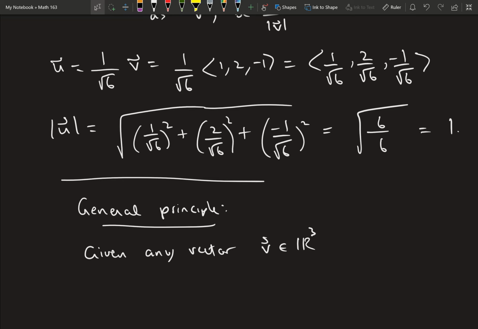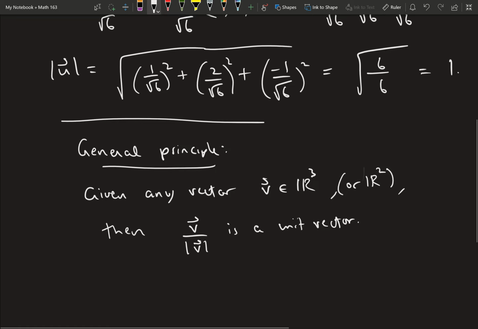If you're given any vector v in R3, or R2, or really any finite dimensional Rn, then the vector v divided by its length is a unit vector. And of course it points in the same direction as the original one.